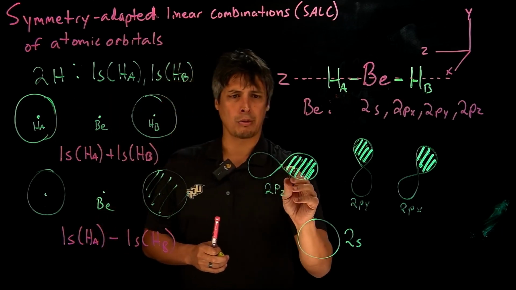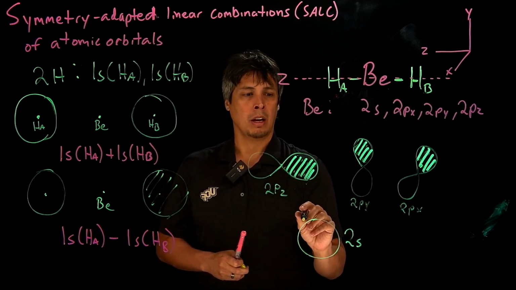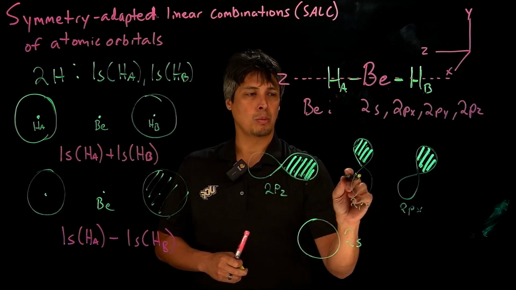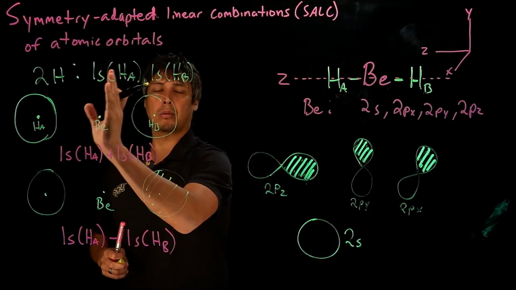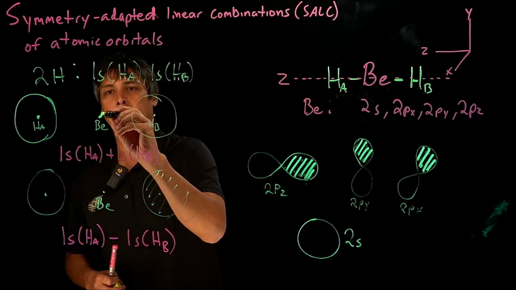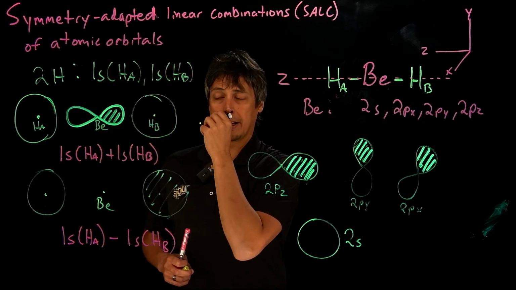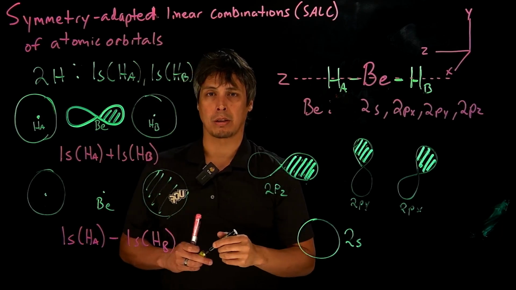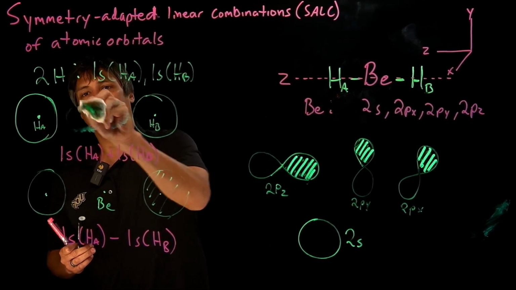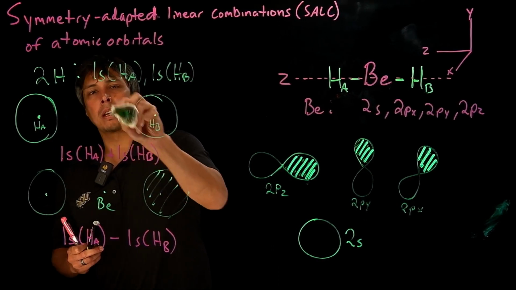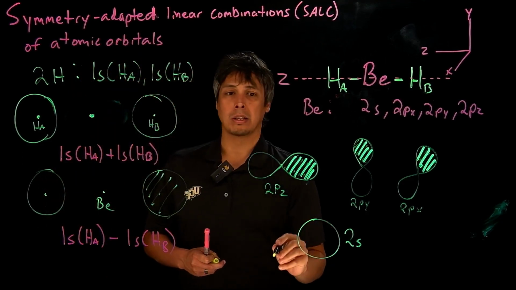If we look at our four different choices from our basis set, we see that none of the 2p orbitals would be able to overlap with this. These are oriented in the wrong direction, along the wrong axes. The pz could orient along this axis, but then you'd have constructive interference on one side and destructive interference on the other. So that doesn't work. So the only option that would allow for overlap with both atomic orbitals within the SALC is the 2s orbital.